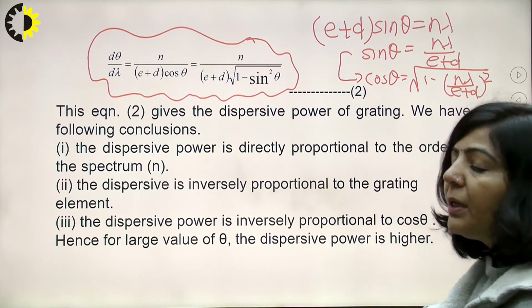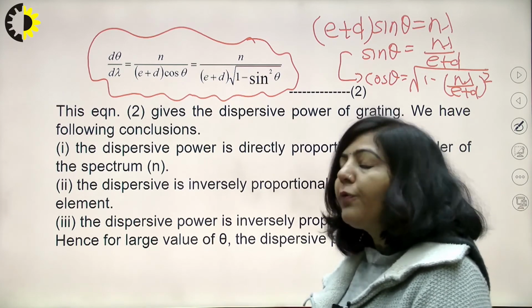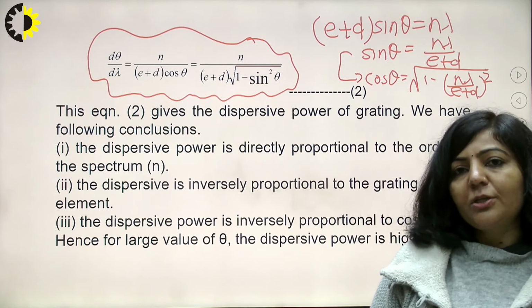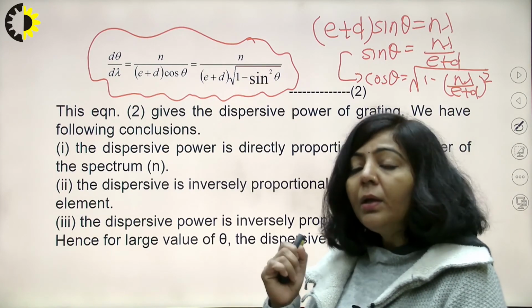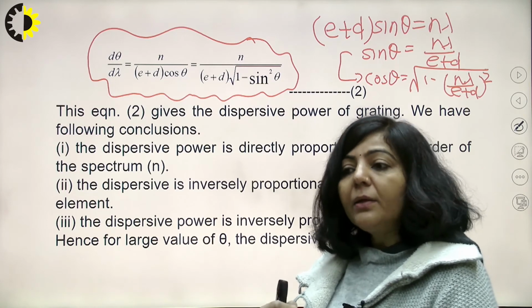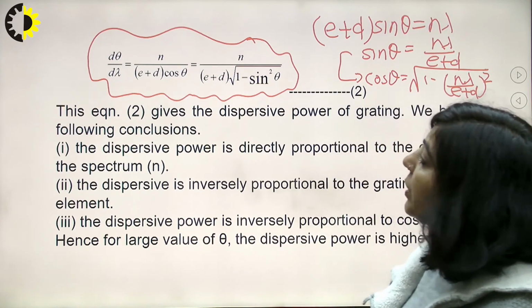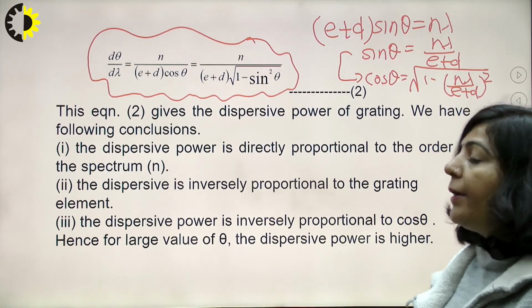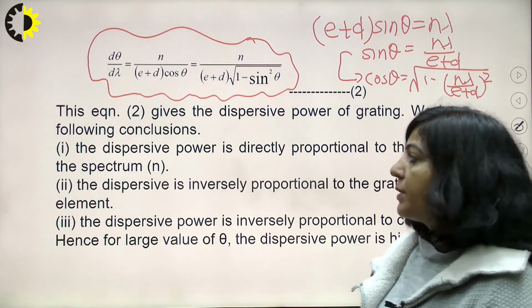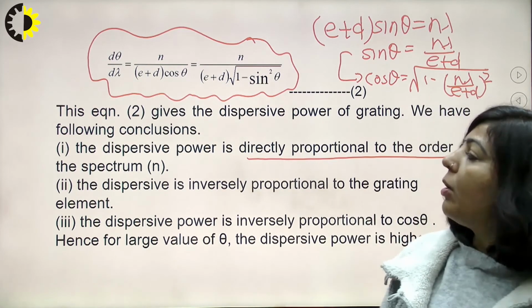I hope the meaning of dispersive power is clear. The rate of change of angle of diffraction with the change in wavelength is known as dispersive power of a grating, that is, how the angle of diffraction changes with the change in wavelength, right? So equation 2 gives the dispersive power of a grating, and we have the following conclusion from it. The first one: the dispersive power is directly proportional to the order of spectrum.